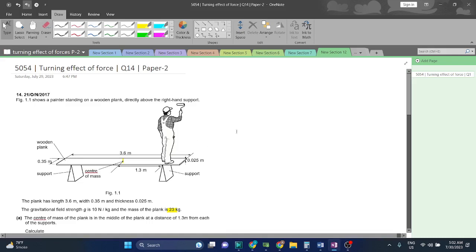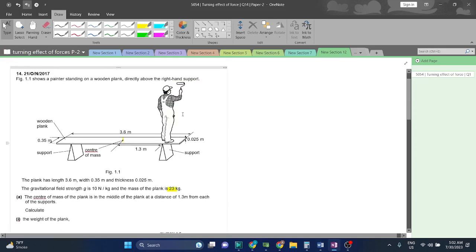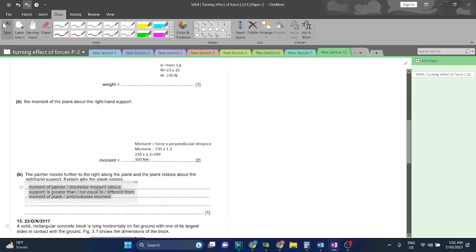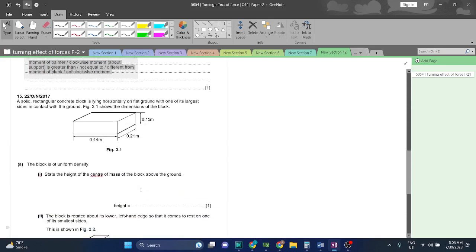So when the perpendicular distance increases then the moment will increase, and at this point where he is, on the right, the clockwise moment will exceed the anti-clockwise moment, which will result in him falling over. Clockwise moment about the support is greater than the anti-clockwise moment of the plank.